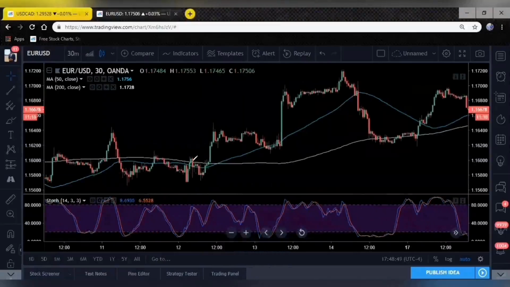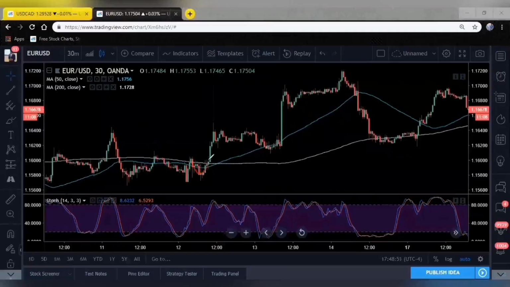We can see here we had bullish candles falling above both moving averages 50 and 200, plus they crossed. From there, we have bullish momentum. The 50 moving average is representing support, and price is moving upwards on a bullish momentum.